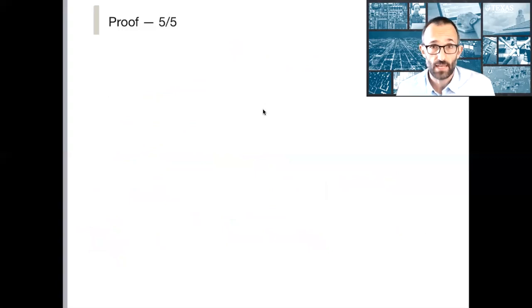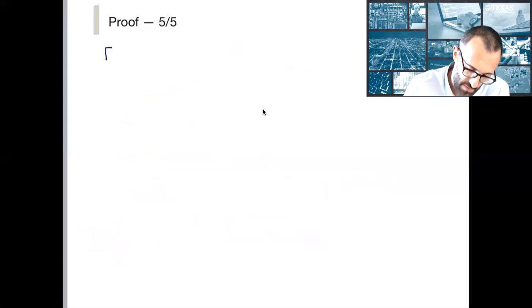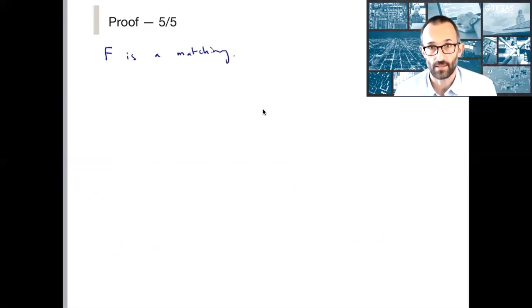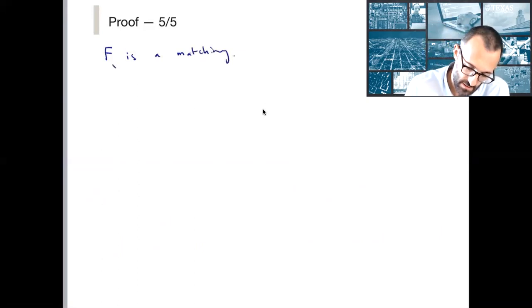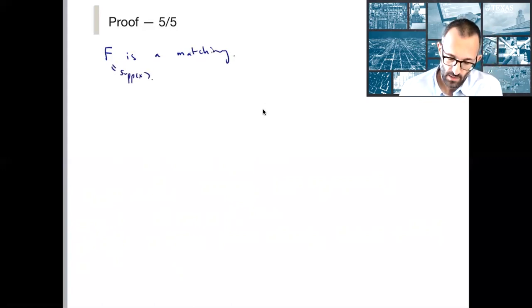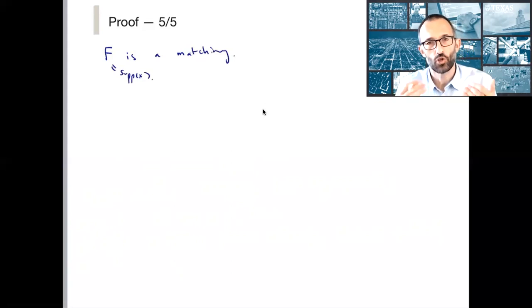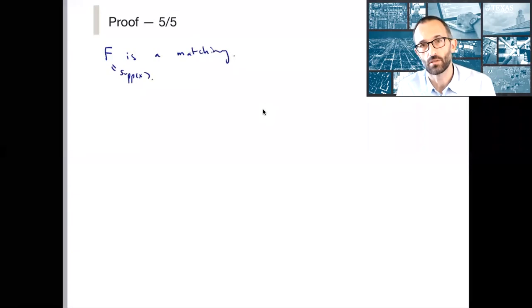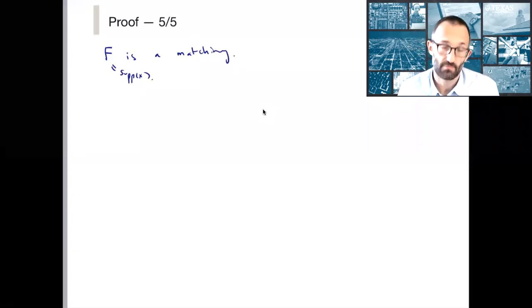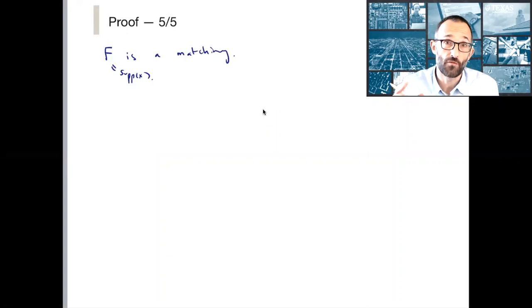What is our last remaining case? Our last remaining case is that F is itself a matching. Right? So the support of x, to remind you, is itself a matching. So now what do I need to show? I need to show that I can write x as a convex combination of matchings, of matching incidence vectors.